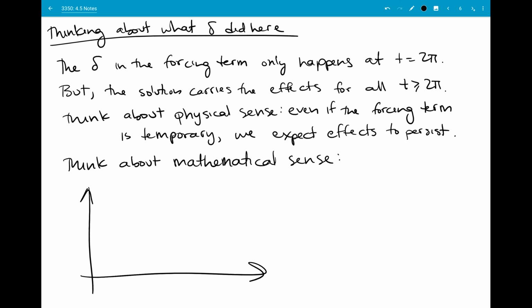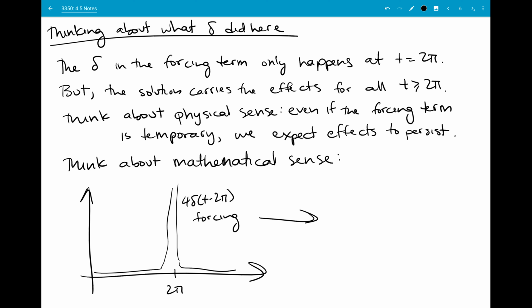So this is our forcing term. And what's important to know is that solving ODEs is fancy integration.